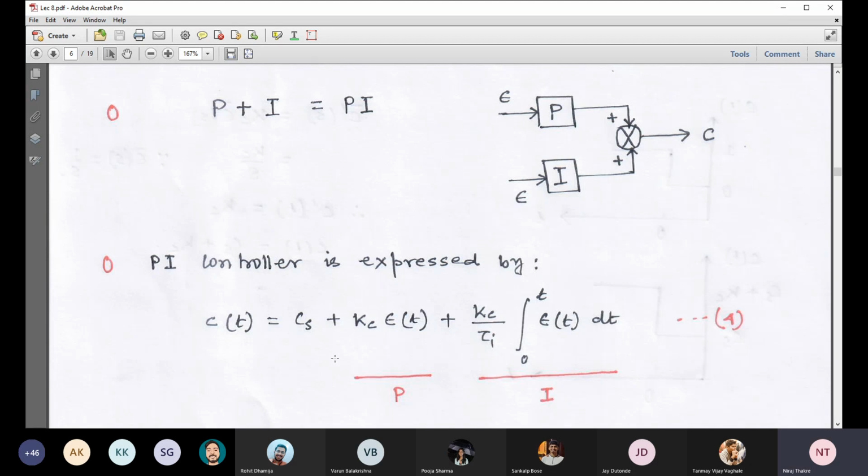Now you see we have one additional term present in equation 4, that is tau I.